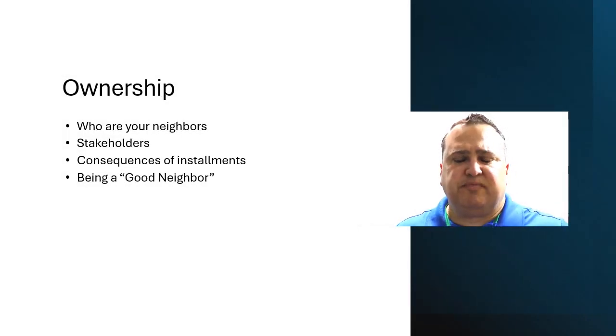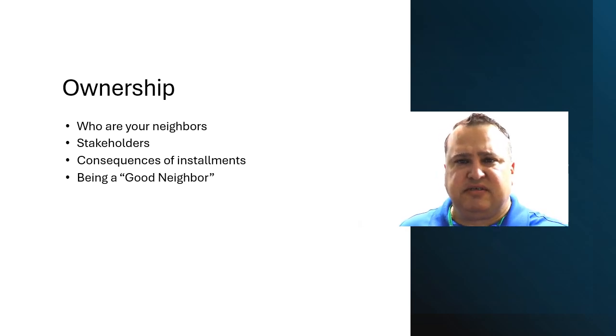So ownership kind of falls within the same realm of knowing who the owner of the property is, but not only knowing the owner of your property, but knowing the owners of your neighbors' properties. Because you always have to consider the tenants or those who are on the boundaries of your property.